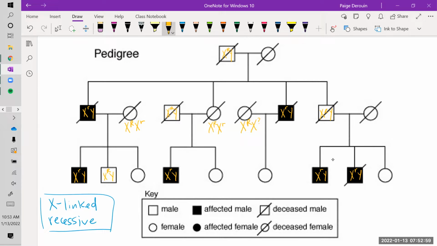Because her daughter down here, we know her daughter is a carrier because why? Yeah, because she's a girl, so she had to get her X from her dad. So she has to have a small r, but she also has to have a big R because she's not colored in. Okay, are you guys getting it?